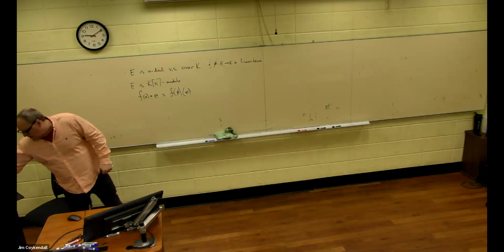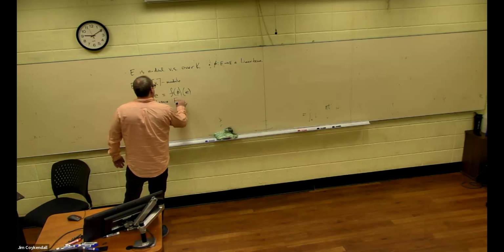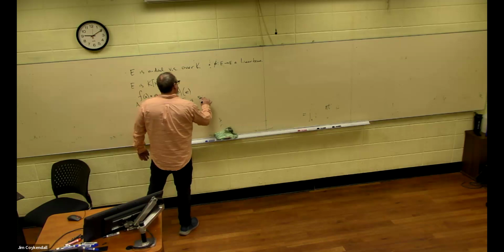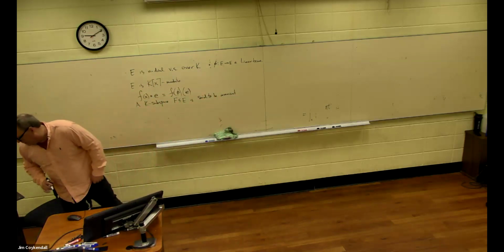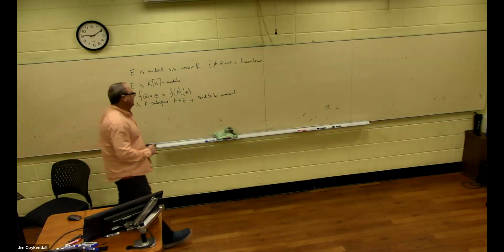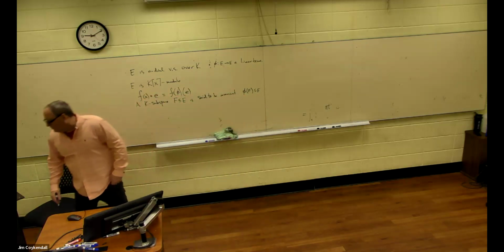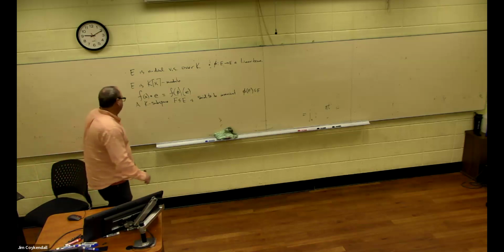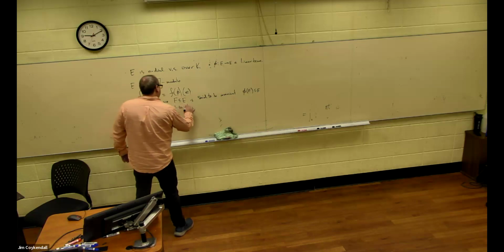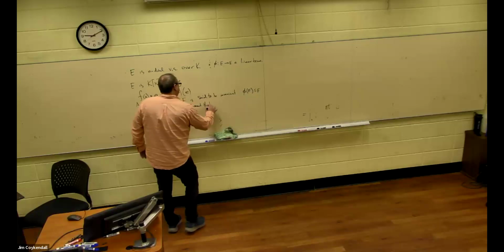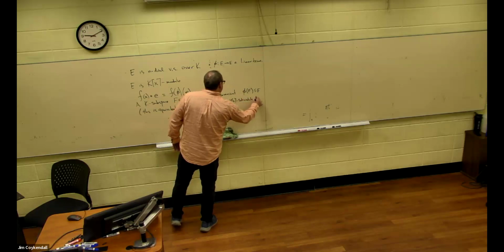A K-subspace F in E is said to be invariant, and here invariant is with respect to phi, if phi of F is contained in F. And this is equivalent to the statement that F is a K[X] submodule of E.